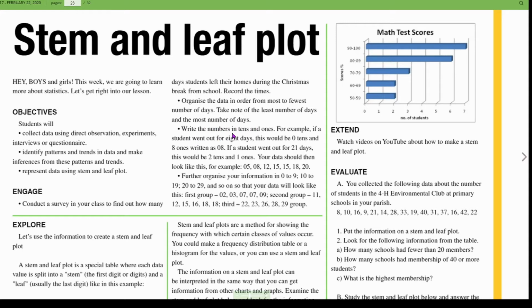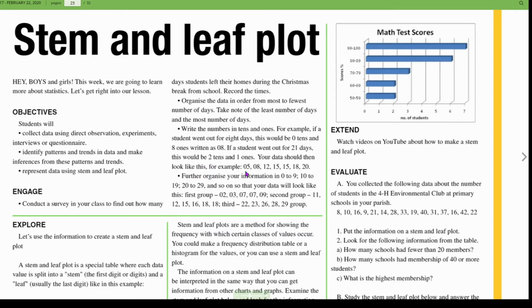Write the data in tens and ones. For example, if a student went out for 8 days, this would be 0 tens and 8 ones, written as 08. If the student went out for 21 days, this would be written as 2 tens and 1 ones. Your data should then look like this.